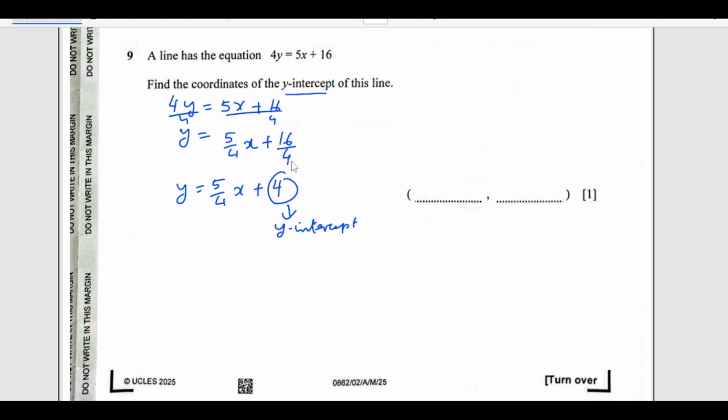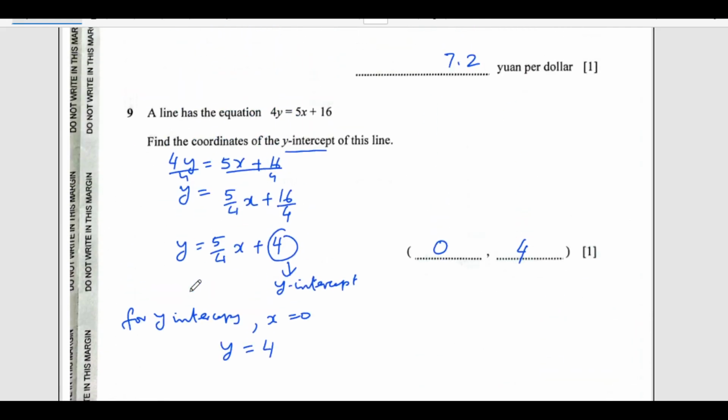For the y-intercept, x should be 0. So we put x as 0 here, and we get y equals 4. So x is 0 and y is 4 is the coordinate of the y-intercept.